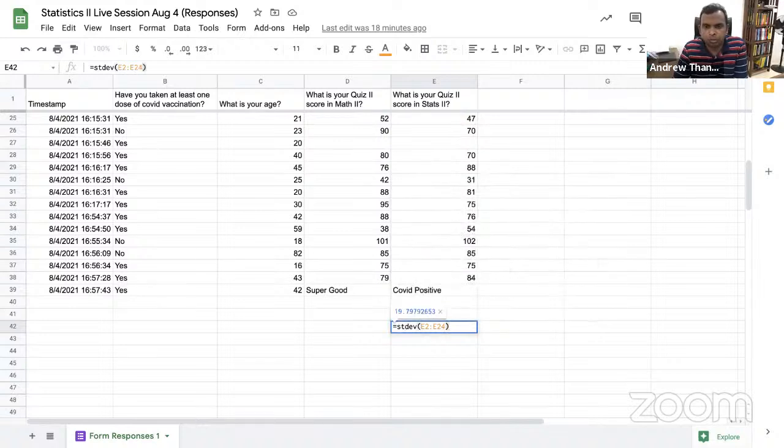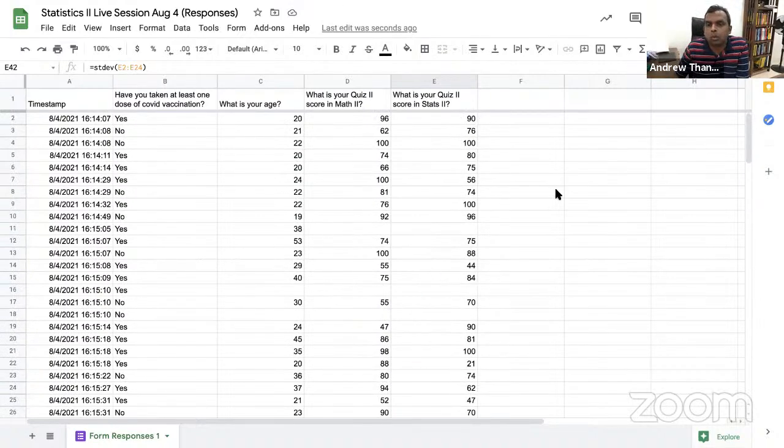Okay, so this is coming out to be 19.8. So that's the standard deviation for math. Stats is 14. Standard deviation of math is 14. Standard deviation of stats is 19. Okay, so this is what you get.